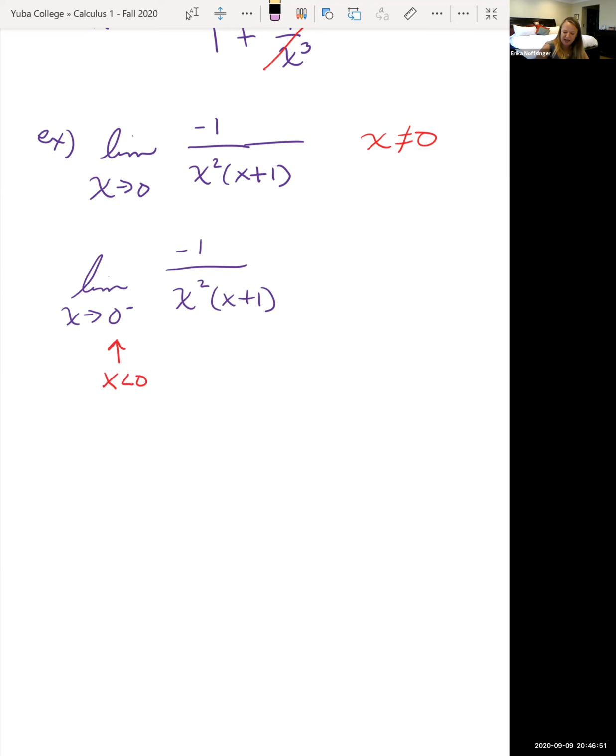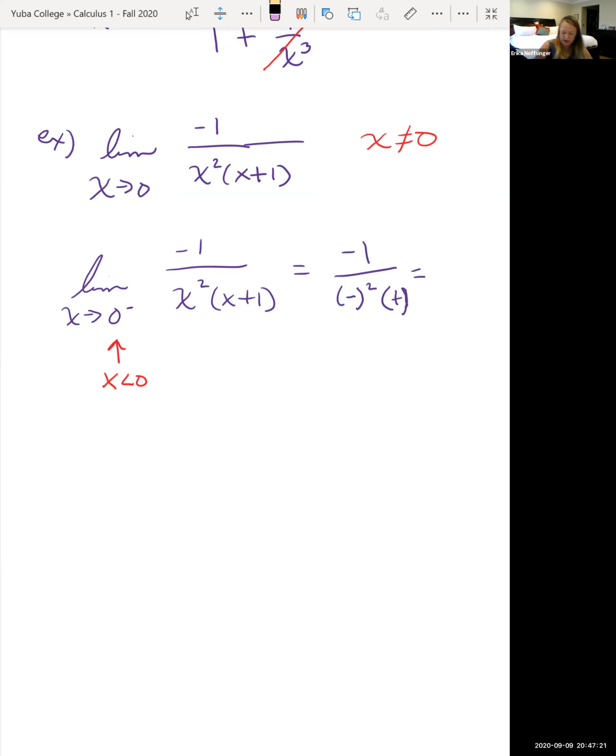So I get negative 1 in my numerator. If I'm plugging in a negative number and squaring it, and then adding 1 to this negative number, which is really close to 0, it's not going to be bigger than negative 1, so x plus 1 is positive.